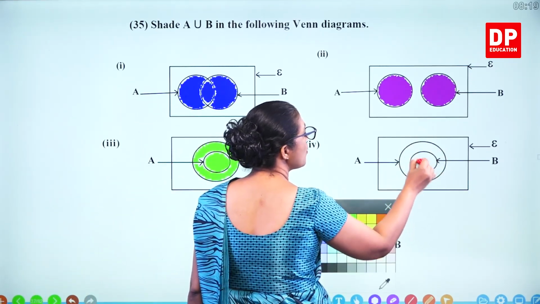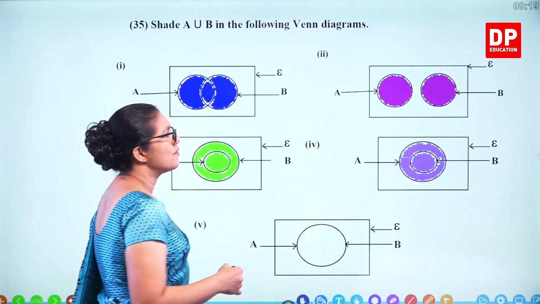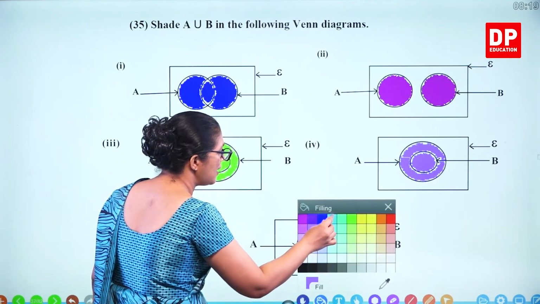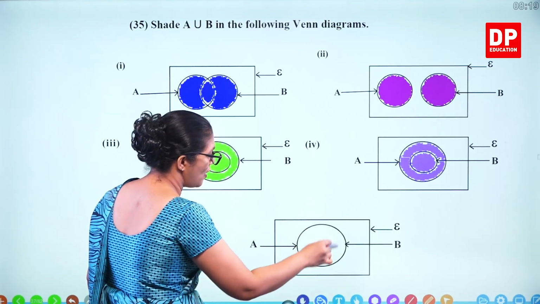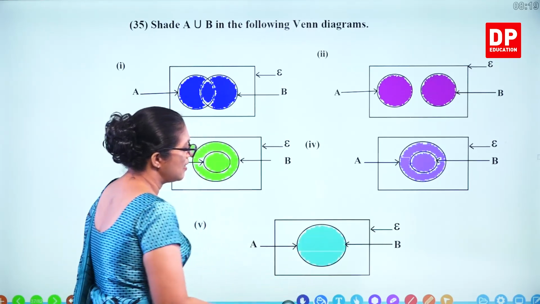B is a subset, so everything in this part belongs to this one as well. So that's the union. What about the union here? These are equal sets, so this is the union.